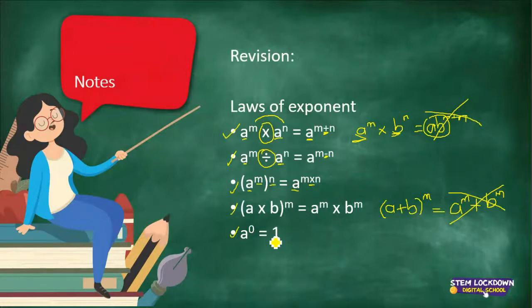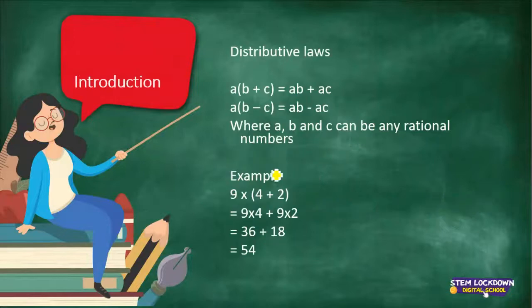Okay, next. Here obviously we are mainly looking at the distributive law. Here are two scenarios. In the first example, you are adding. In the second one, you are subtracting. So how would you get your answer? You say the outside term times the terms inside the bracket.